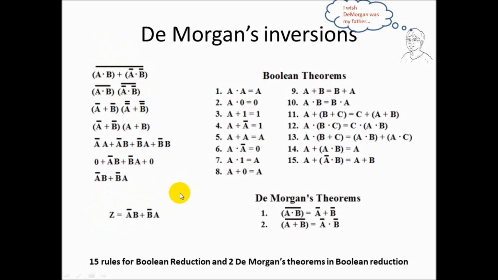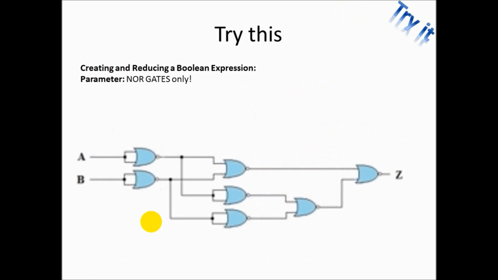So if we're looking for output Z and we get fed that through the Boolean gate, it reduces all the way down to that. So Z equals inverted A and B, or inverted B and A. You say, well, what possibly could result in all of that? That could. And I really want you to try it without going back and looking at the actual answer. I want you to draw this out and see what Z equals.